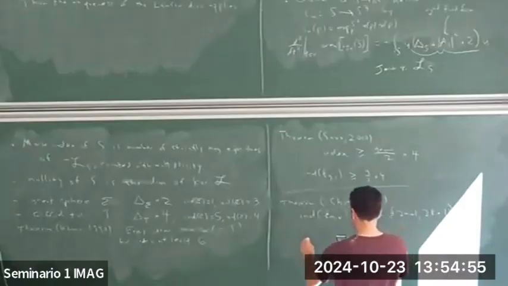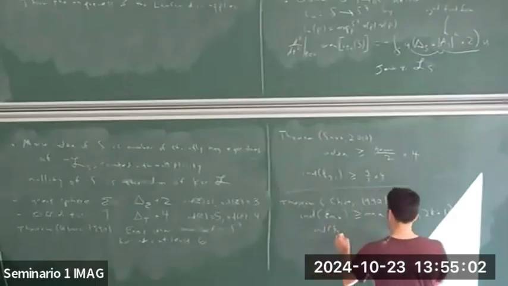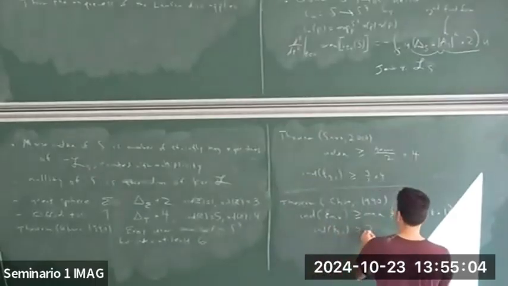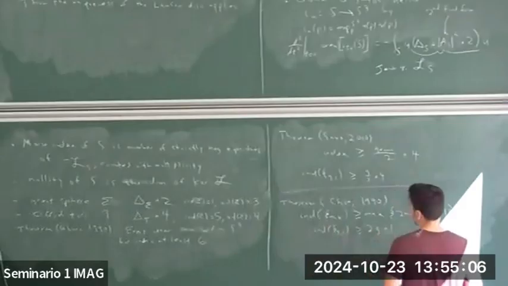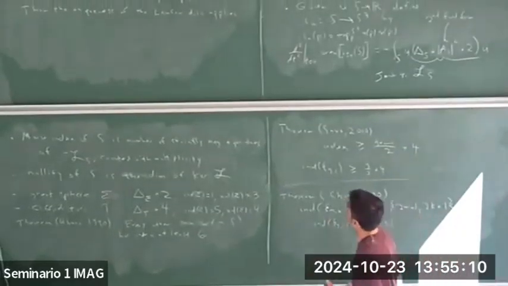So in particular, for the index, we're looking at 2g plus 1 in the cases that we care about.